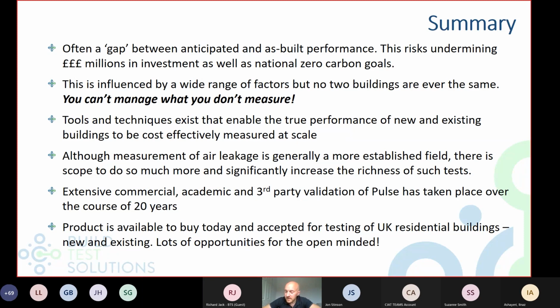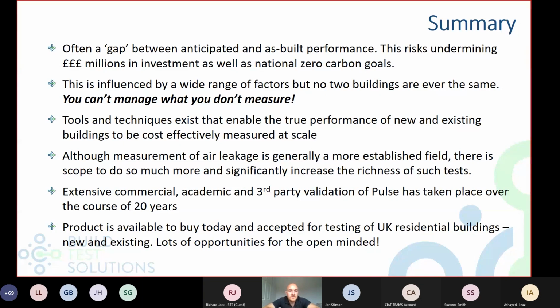There's so much more to it than that. There's so much more value that can be added to a test, whether you're measuring a different pressure level or presenting the results in different ways and implying different required interventions as a result of them.